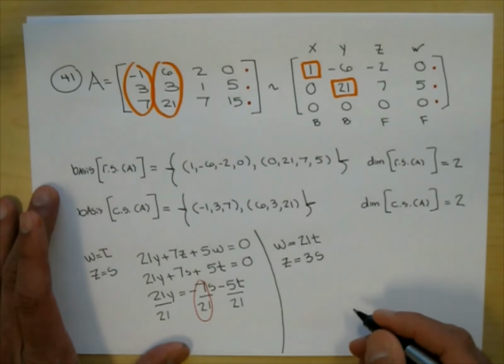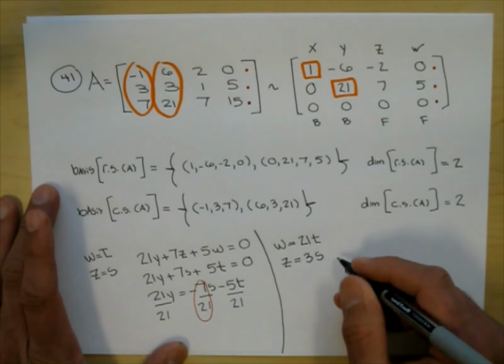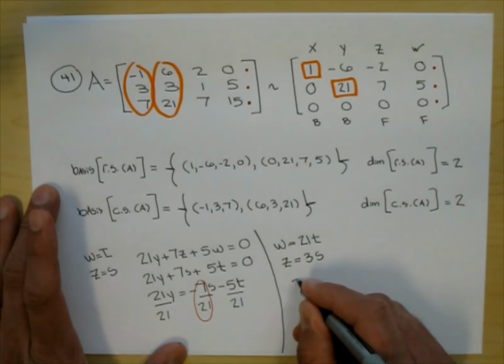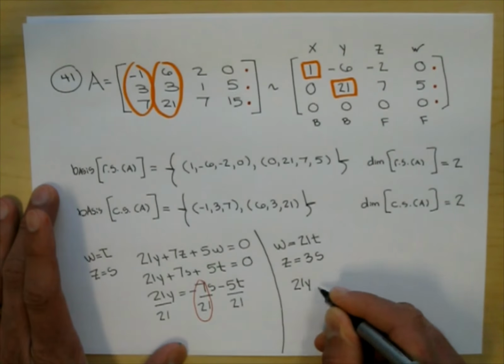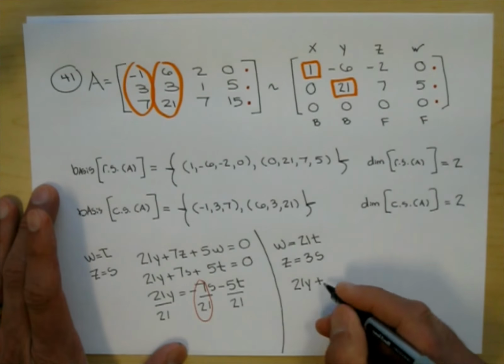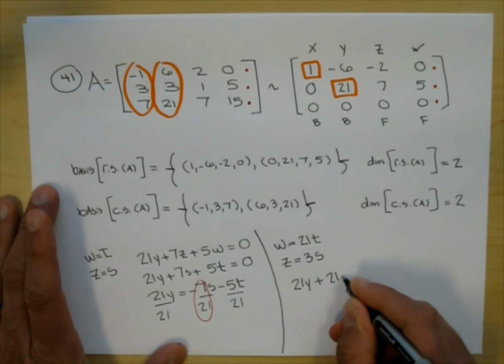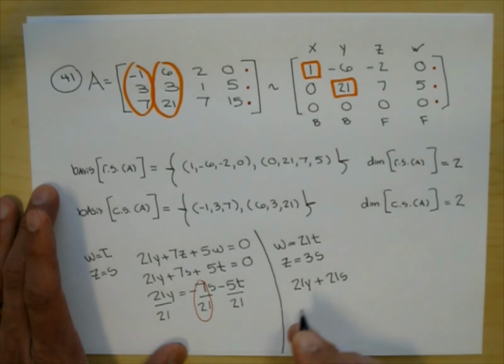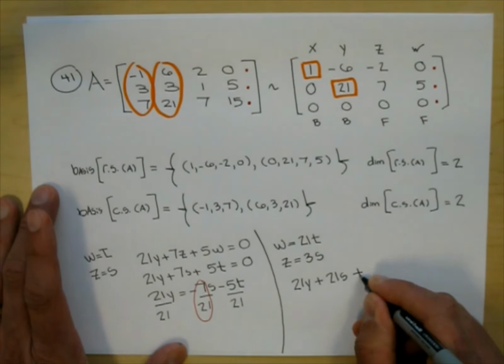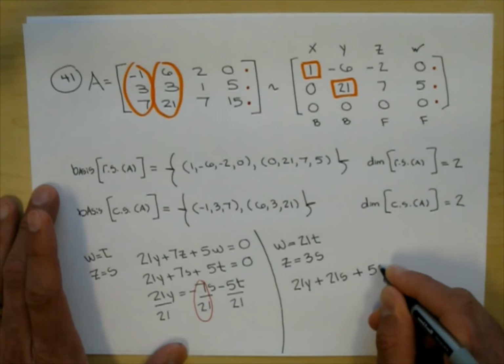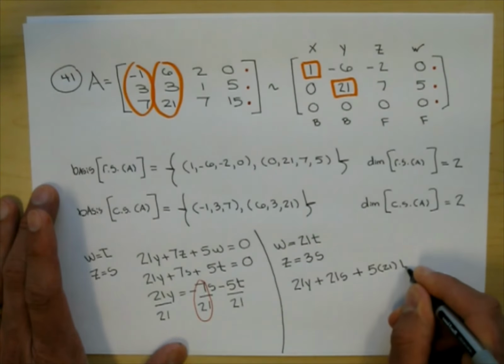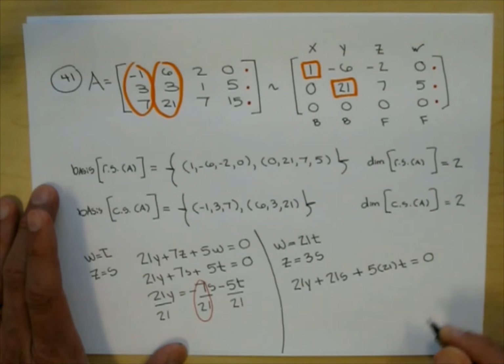So I'm going to go ahead and write out this equation now. I have 21y plus 7z, so that's 21s, and then plus 5 times 21t, this equals 0.